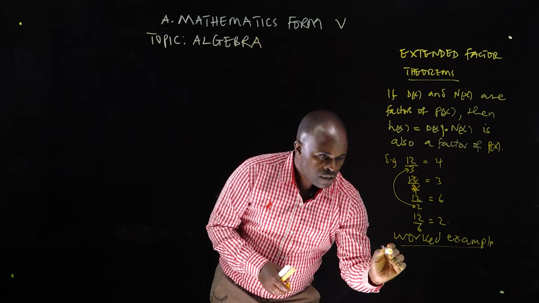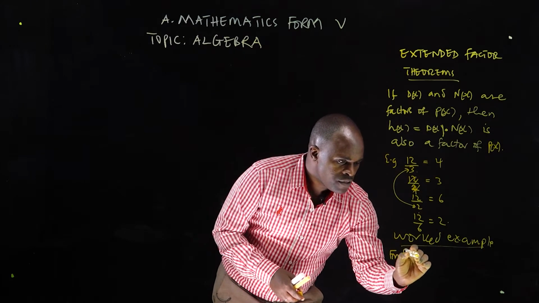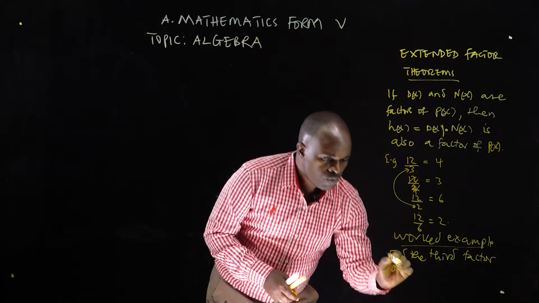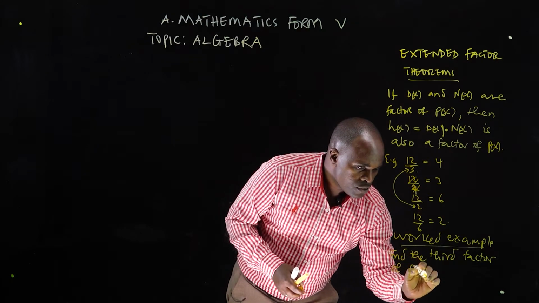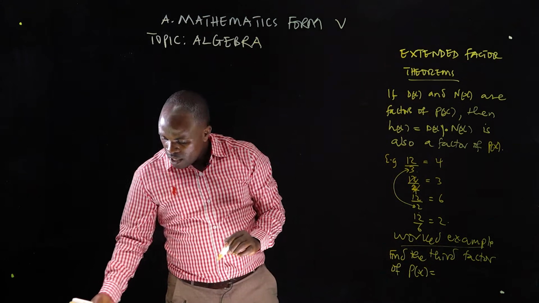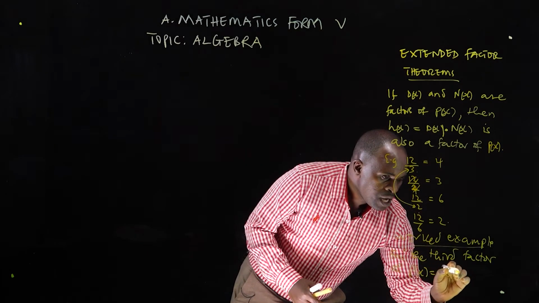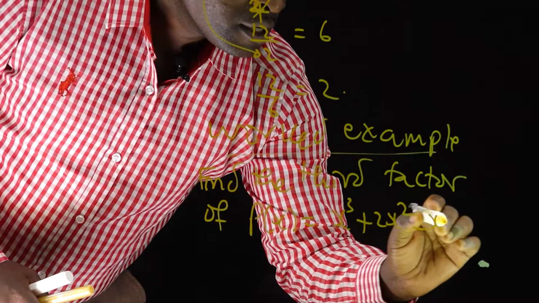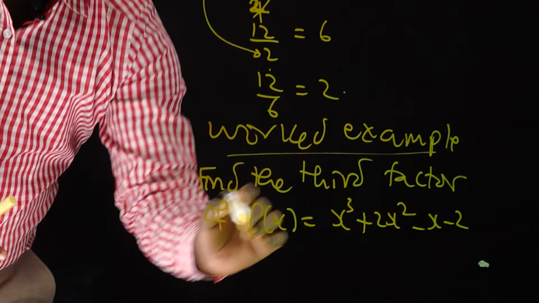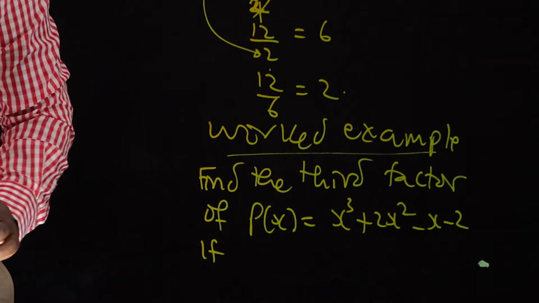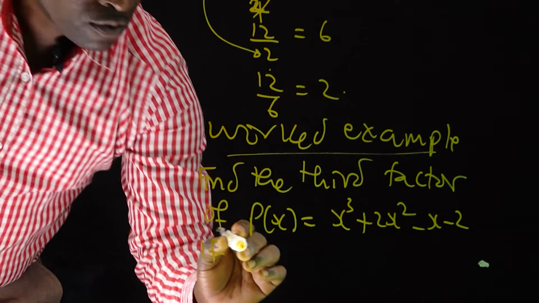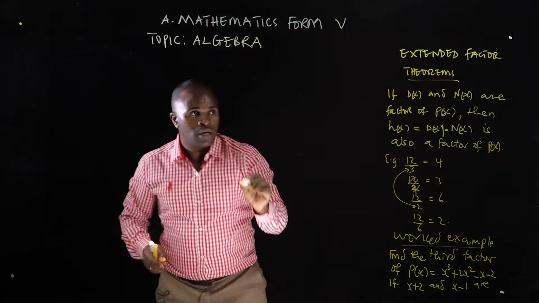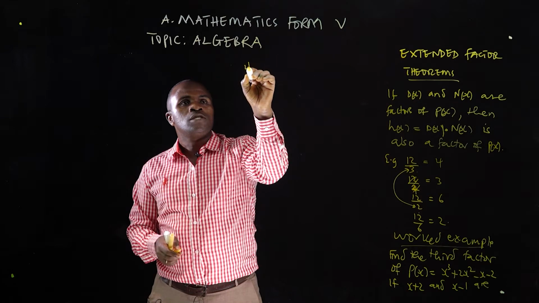This one says, find the third factor of P of x equals x power 3 plus 2x squared minus x minus 2, if x plus 2 and x minus 1 are its factors.